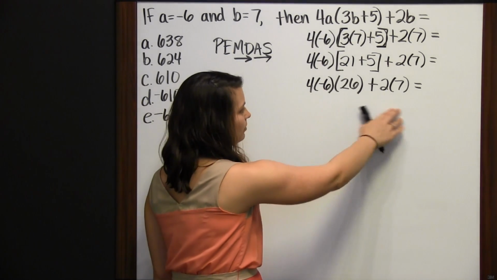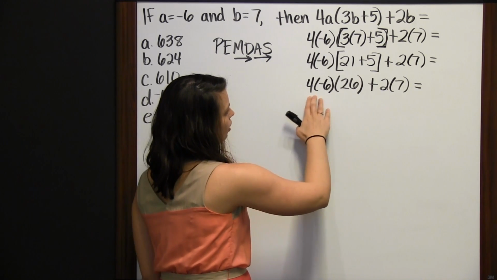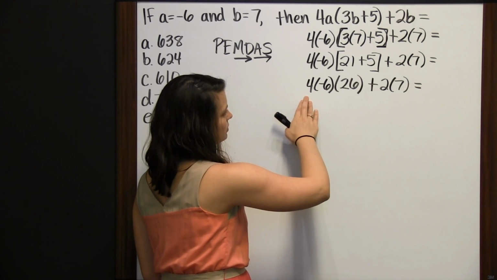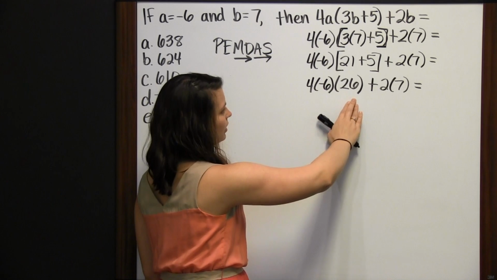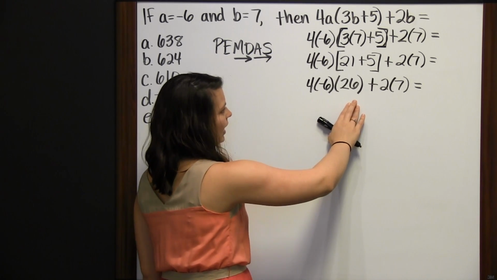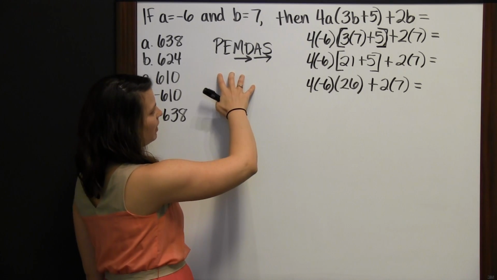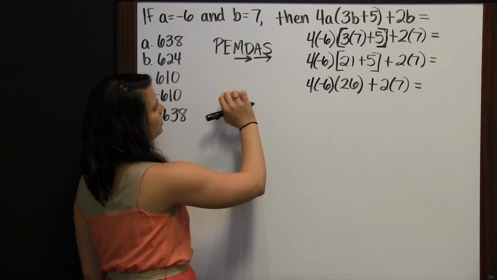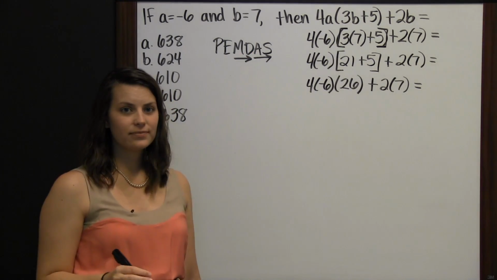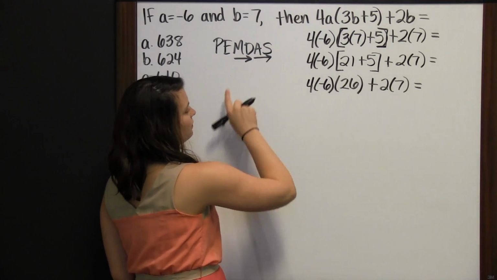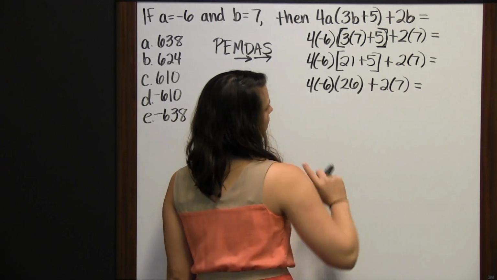So the only operations we have left are multiplication, 4 times negative 6 times 26, and addition. And again, according to PEMDAS, we need to do that multiplication before we get to addition. And we work multiplication and division simply from left to right.